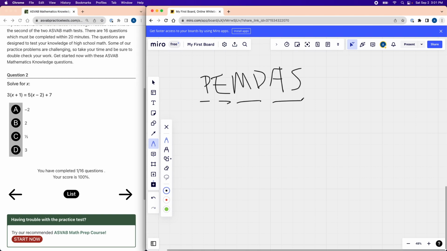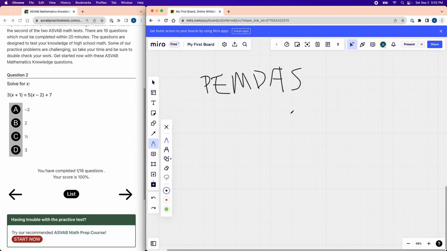The multiplication and division, as well as the addition and subtraction, are grouped in the same category. So we're first going to do parentheses, then exponents, then either multiplication or division, whatever comes first, left to right. Then we're going to do either addition or subtraction, again whatever comes first, left to right. So we just have to remember PEMDAS there.